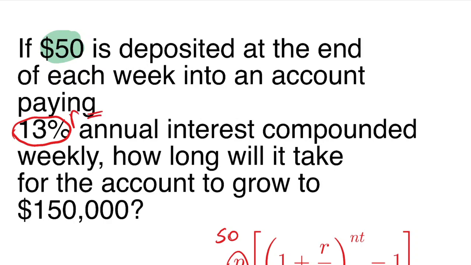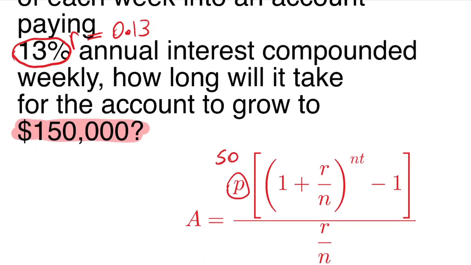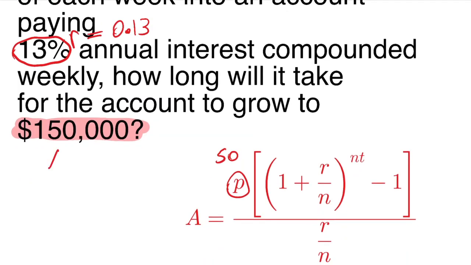That would be 0.13. And this number down here is actually the future value, the accumulated value. That's how much we expect to have at the end of however long it takes to grow after doing all these $50 deposits. So that's A.